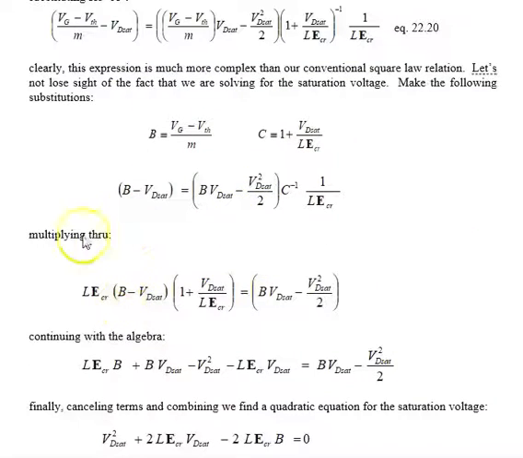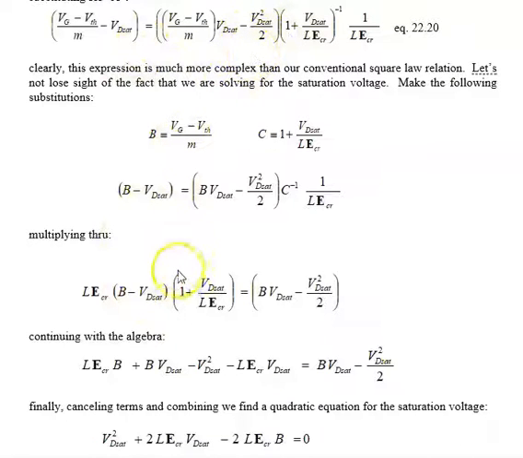And that is exactly what we do. Given the constants B and C, we multiply through and we get this expression here. When I say multiplying through, I bring the L over E_CR to the left because of the denominator. This thing becomes B. This is the definition of B minus VD sat.